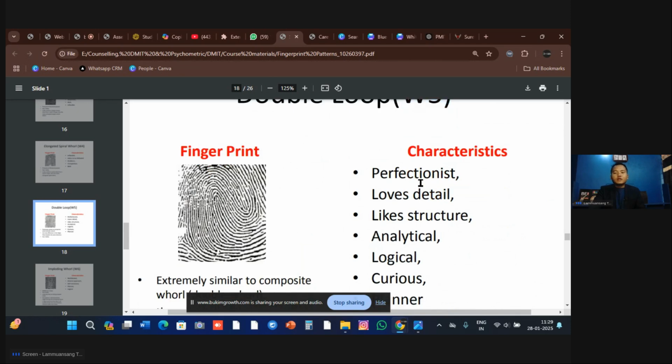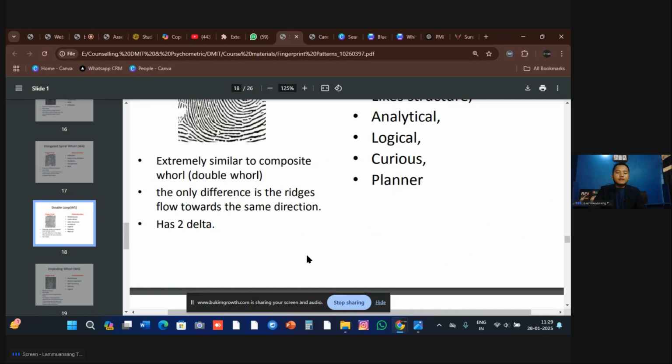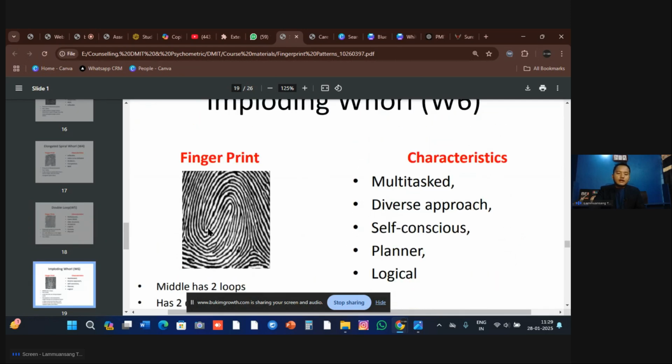So these are perfectionist, love detail, like structure, analytic, logical, curious, and planner. Okay, and W6 as I already mentioned. See, this one coming up and going on the left, and this one coming down here and flowing out on the right side.